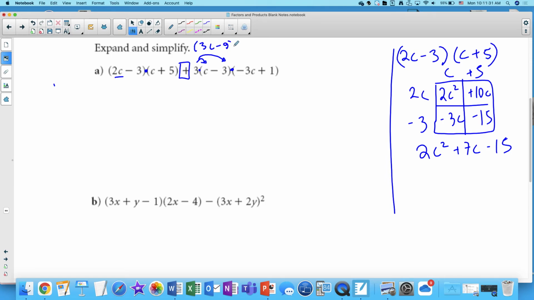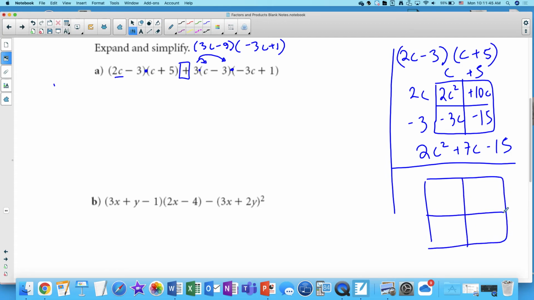So if I'm doing 3c minus 9 and negative 3c plus 1, that's negative 3c times 3c is negative 9c squared. 3c times 1 is 3c. Negative 3c times negative 9 is 27c. And negative 9 times 1 is minus 9.